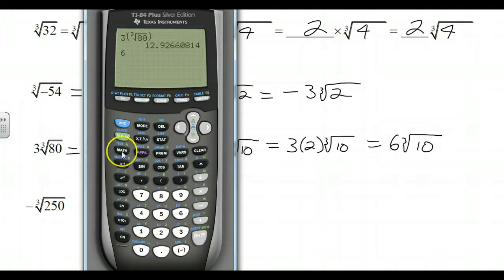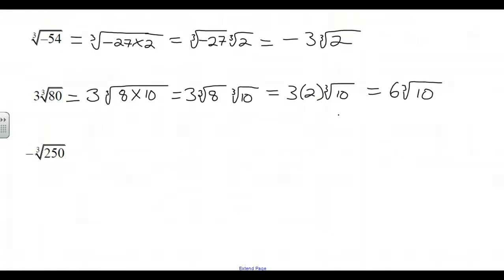And 6 math, 4 cube root 10, enter. See, these are both the same. That means that 3 times the cube root of 80 is 6 times the cube root of 10. That's a verification. You hand stuff in early, this better be right. Okay, and there are no perfect cubes that go into 10, so it's in lowest form.